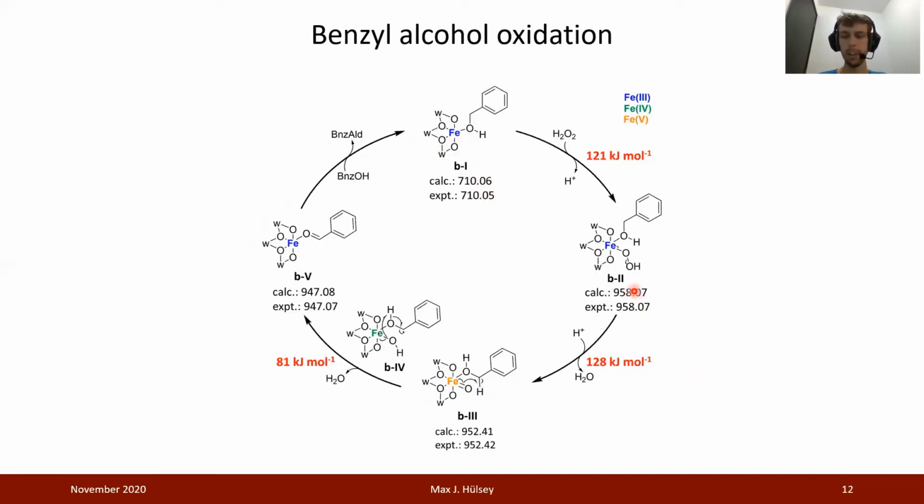We also found that the transformation of the hydroperoxo species into the iron oxo species is the rate-determining step of the whole reaction cycle.